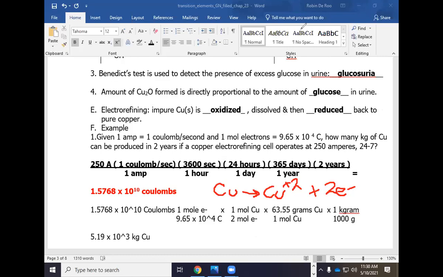Okay, does anyone need more time to copy that down? Yes. No problem.